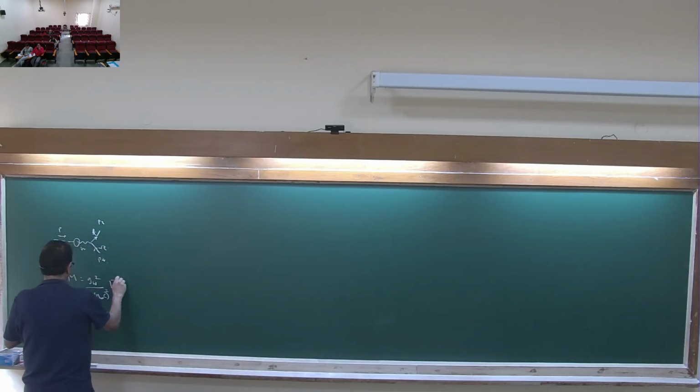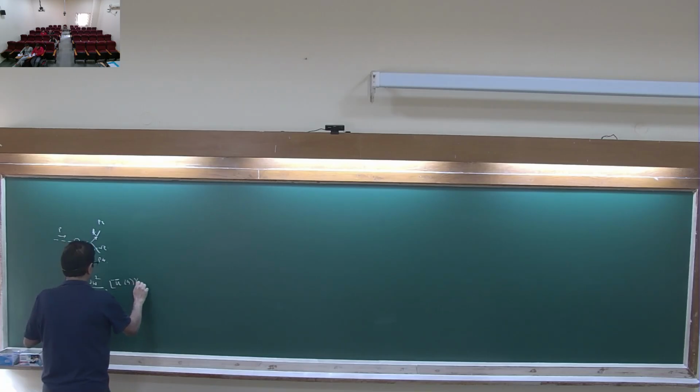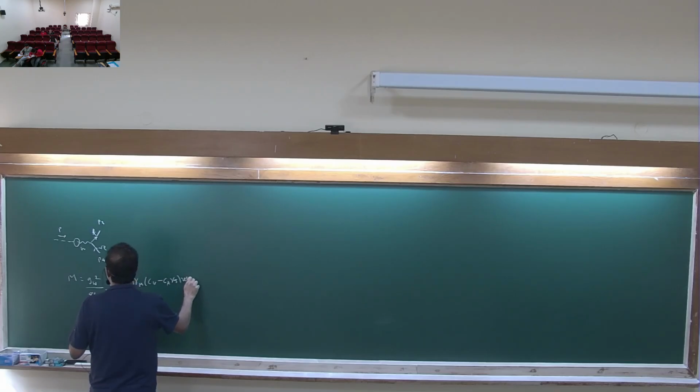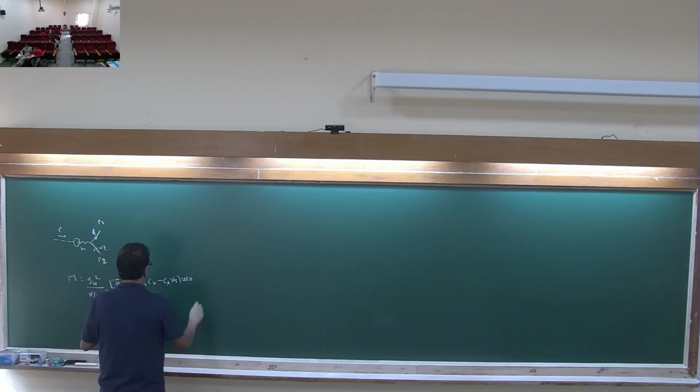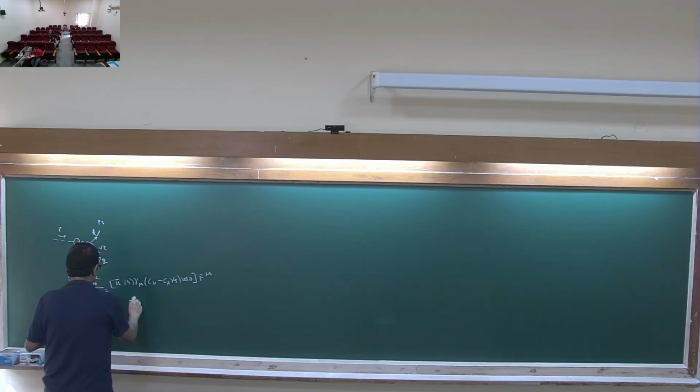So then we wrote this down as U bar 3 gamma mu, then later decided to write this as CV minus CA gamma 5, V2, and 3 like this, and F mu. And we said F mu is F pi times P mu.